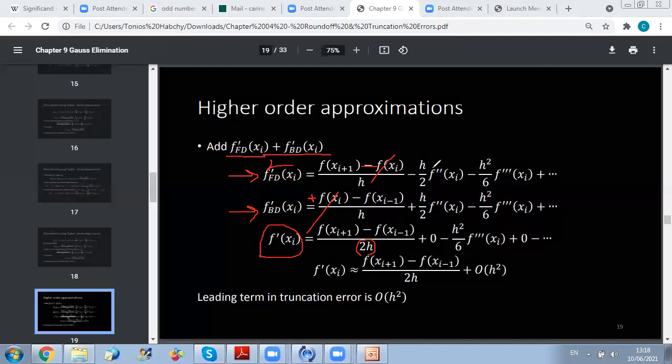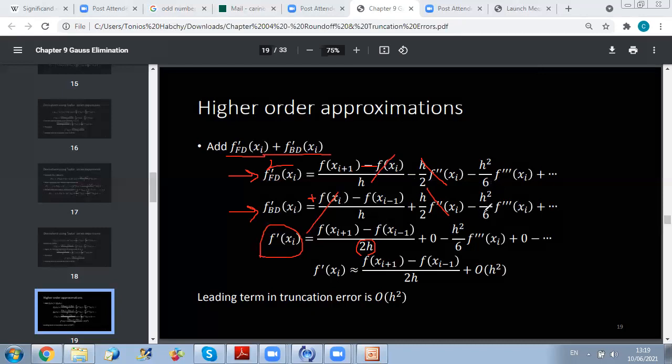Why? Because minus h over 2 f second and plus h over 2 f second will cancel out. So all derivatives of even order will cancel out, and the terms that remain are the terms with odd order of derivatives.